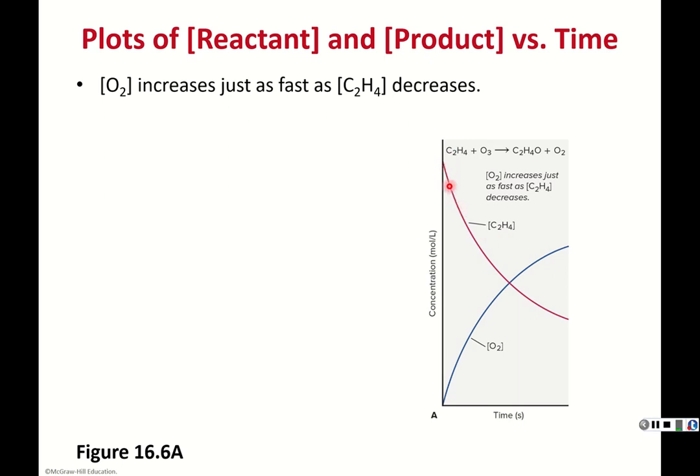You see it decreases pretty quickly at first, and then it slows down. Oxygen, a product, starts at 0 and rises pretty quickly initially, and then that rate starts to slow down. As we learned in chapter 17, these eventually go to flat lines, and that's the case where we've reached equilibrium.